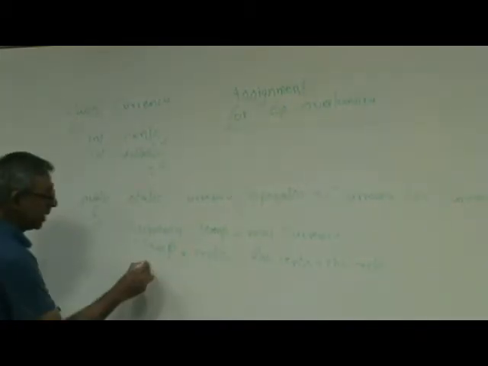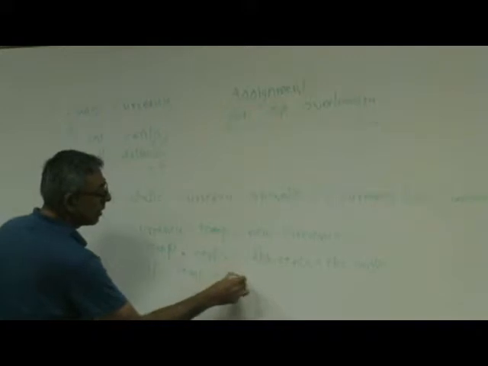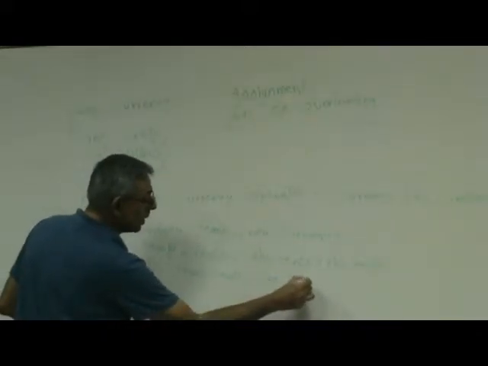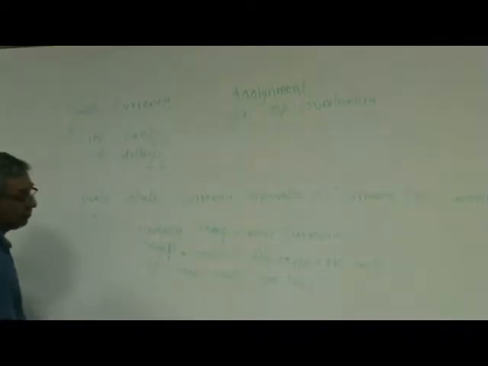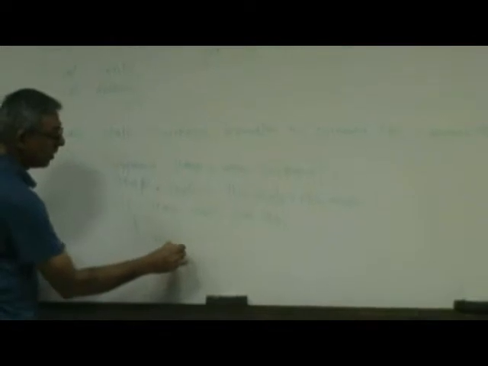Okay, and then if temp dot cents is greater than equal to 100, okay, then what will you do? You'll subtract 100 from it, right, and increment the dollars and return the temp currency, right? So this is your typical code.